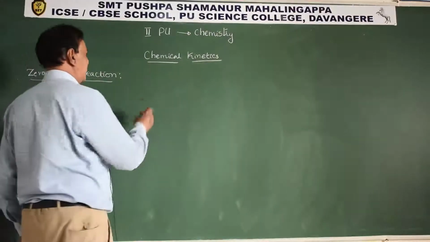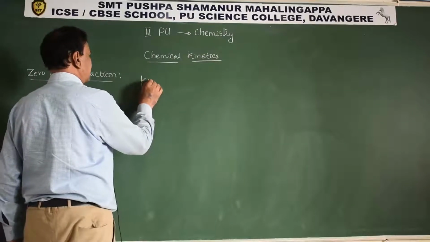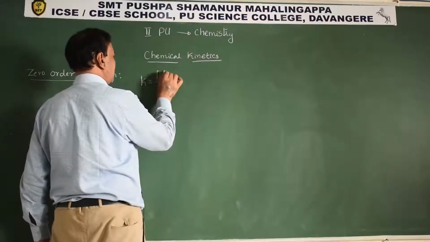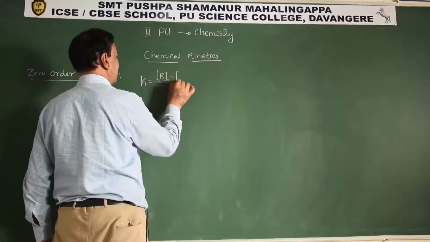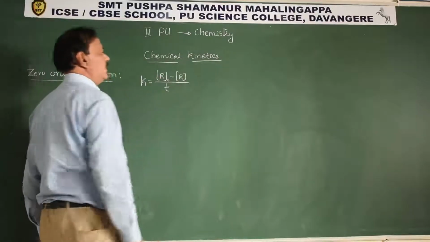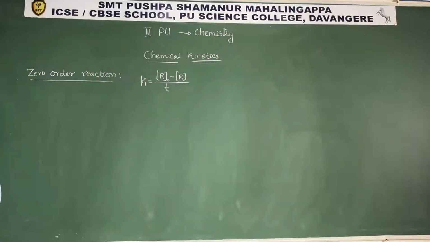You know that K, the velocity constant of the zero order chemical reaction, is given by R naught minus R divided by t. This is the K representation.